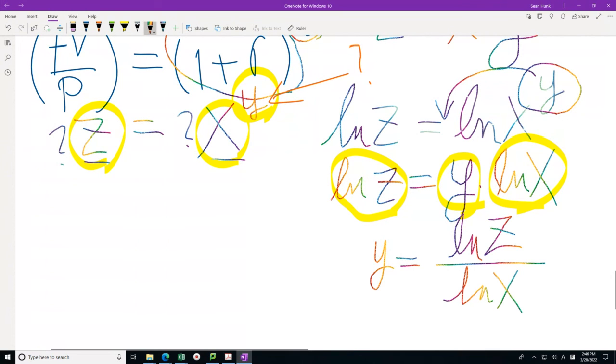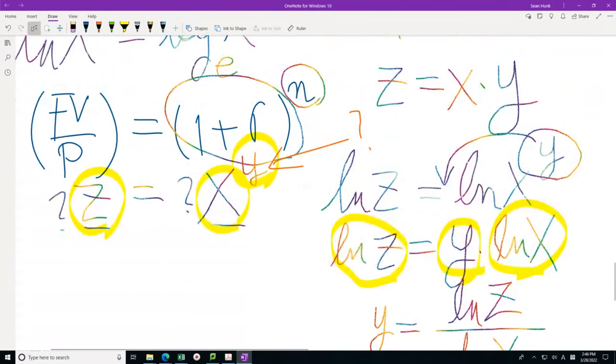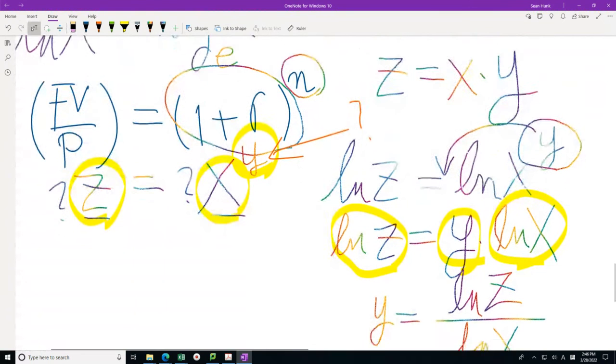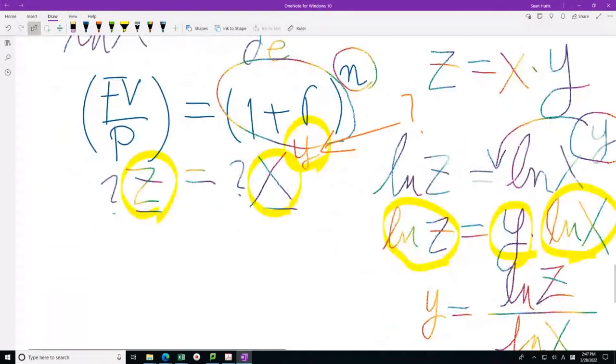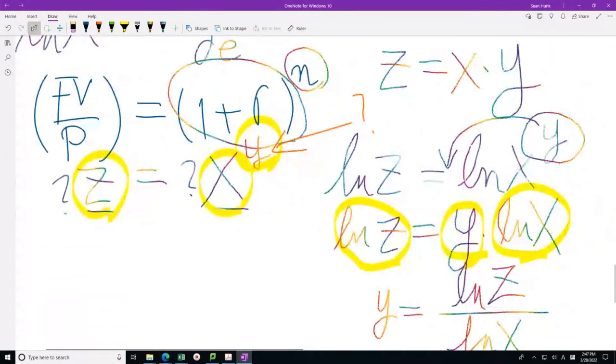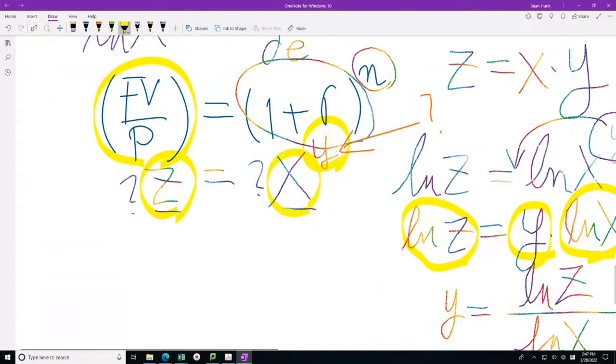Okay? Applying the same logic to our equation. This is z, this is x, this is y.